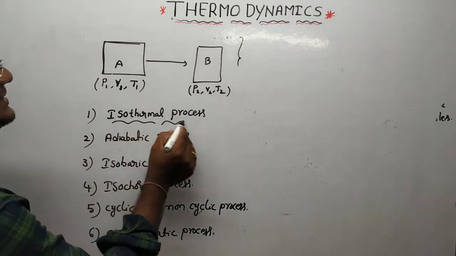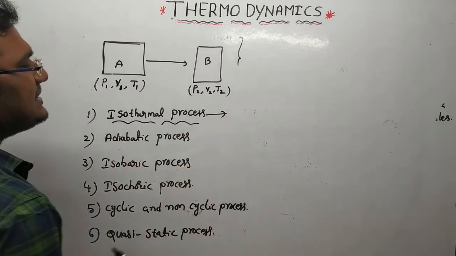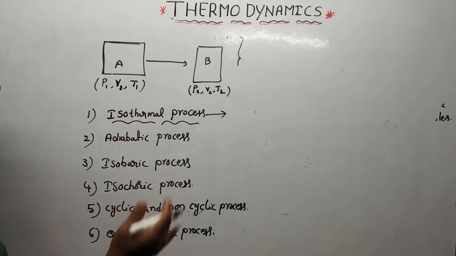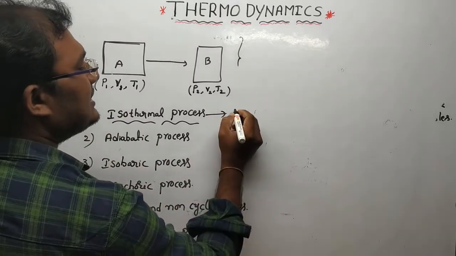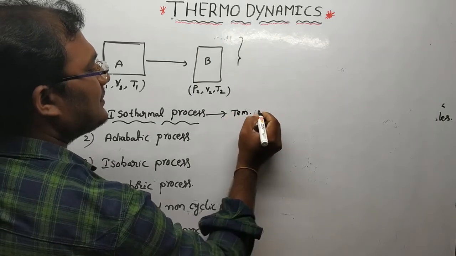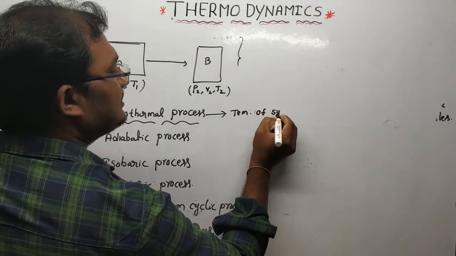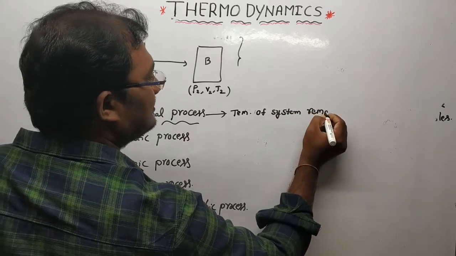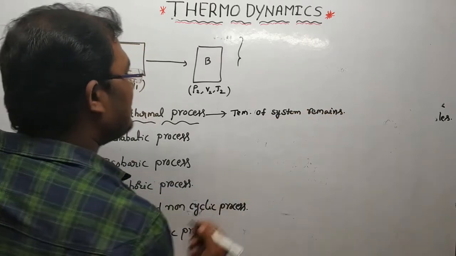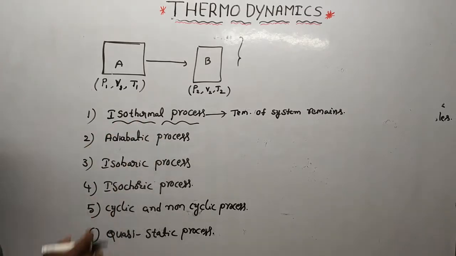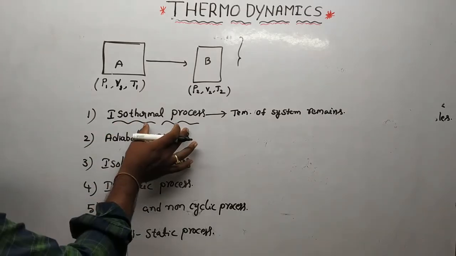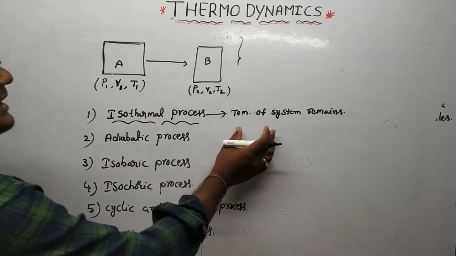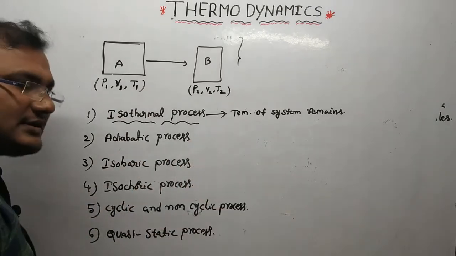Isothermal process means if the system changes from one state to another state, then the temperature of the system remains the same. Such a process is called isothermal process. Isothermal process is nothing but the process in which the temperature of the system remains constant.